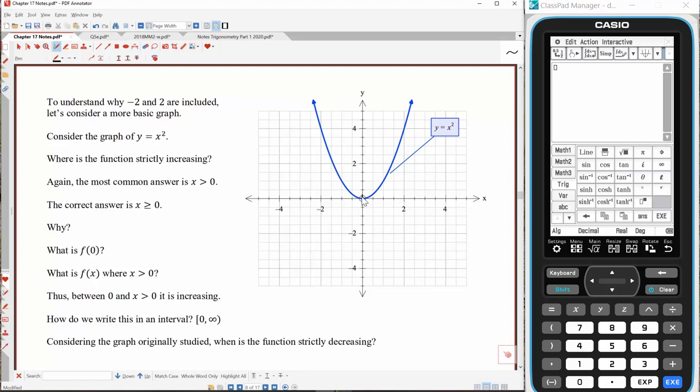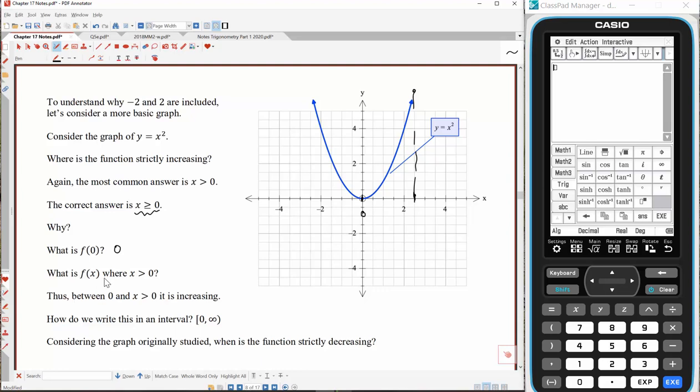And so the first point you're going to say is, all right, let's start at 0 and choose any point in the positive direction of x, any point you like. Let's go with this one here. That's going to be a positive y value. This is a 0 y value. This is larger than this. Therefore, it's x greater than and equal to 0. Okay, so what is f of 0? It's going to be 0.